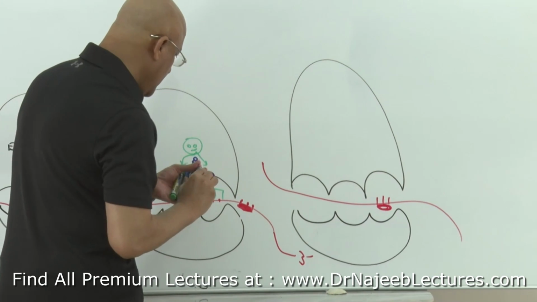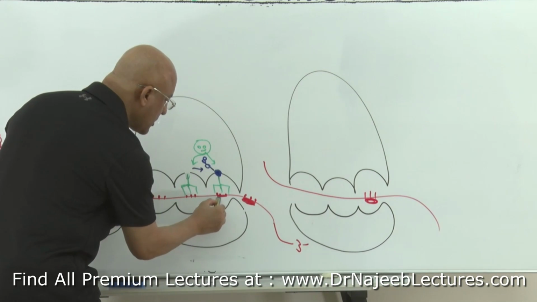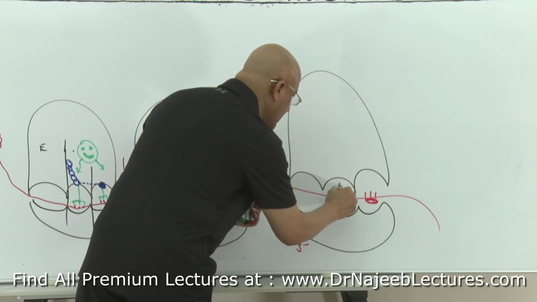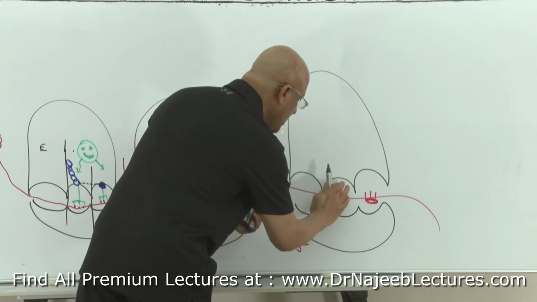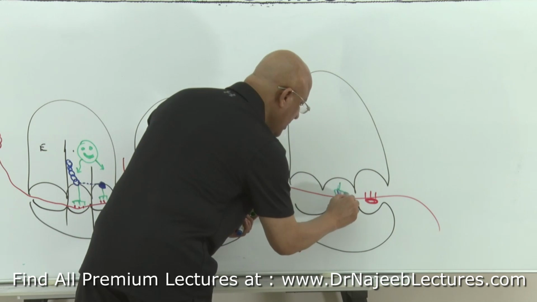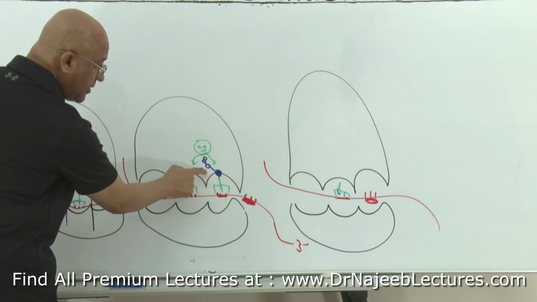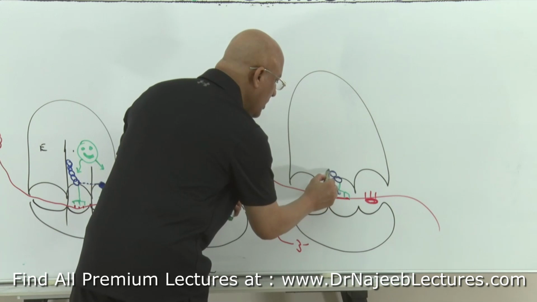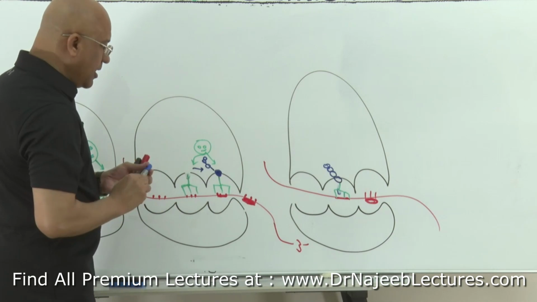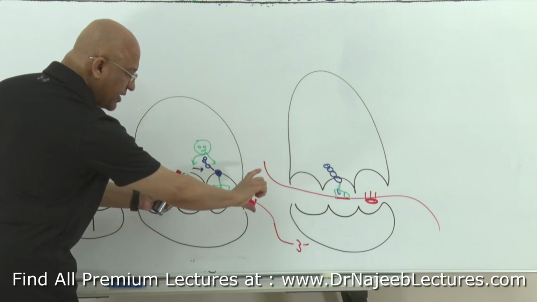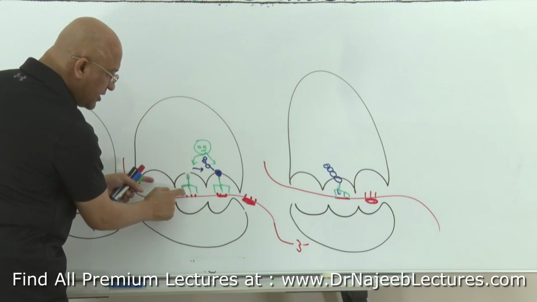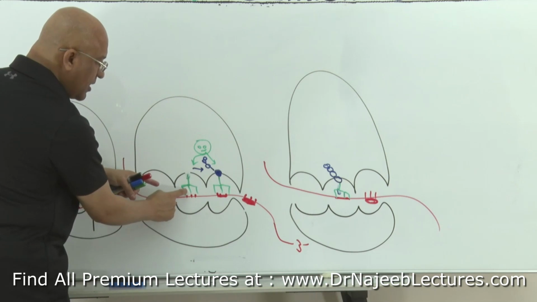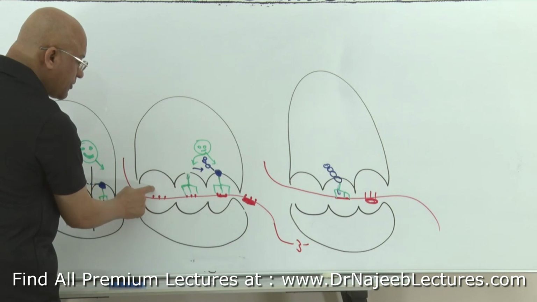And the transfer RNA with the elongating chain will come along when the ribosome moves one step ahead. Then this transfer RNA, which was present at the P site, will shift to the E site.